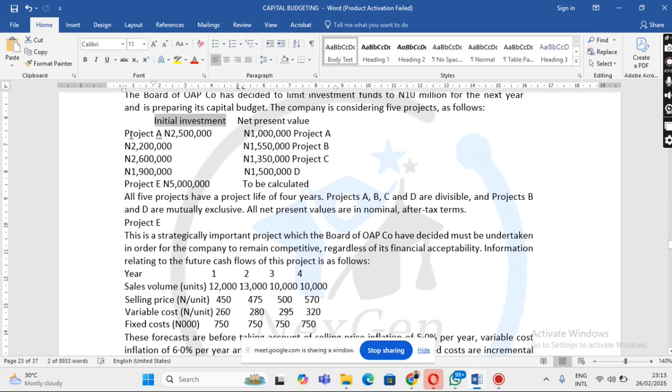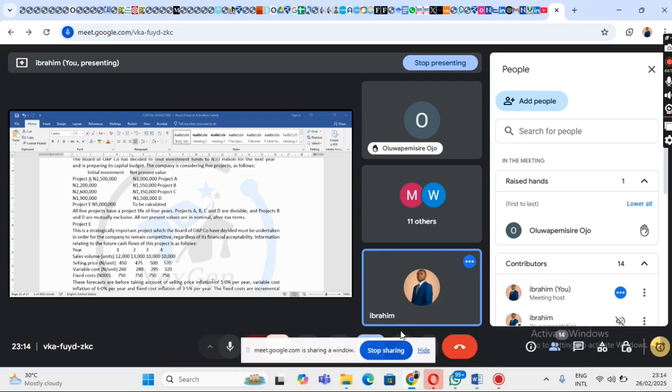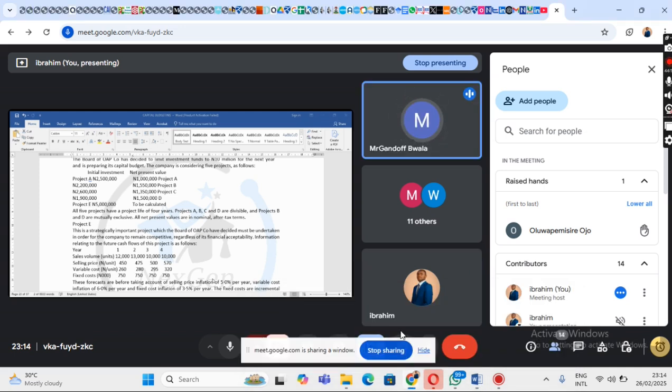All everything under this part is initial investment. This is initial investment, and this is the initial investment for project E. That is what makes it the cost. Maybe because they didn't write project B, C, D in front of it. No, that is what it is.